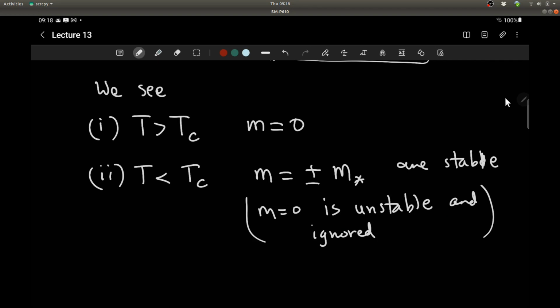So can someone tell me what this means? Yeah, and unstable is not a solution. So what that means is that it will tend to either plus M star or minus M star. These are the ones. Yeah, perturb, we have to explain in what sense. Yes, if you perturb a little bit, it will go off to M star or minus M star.